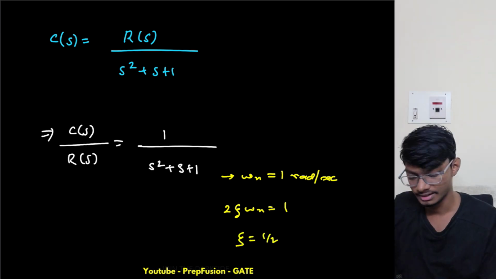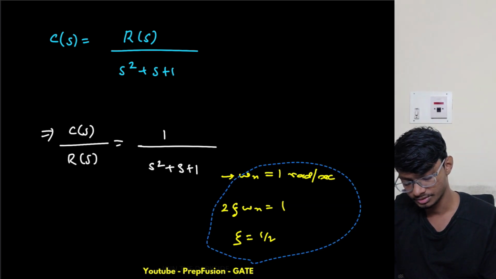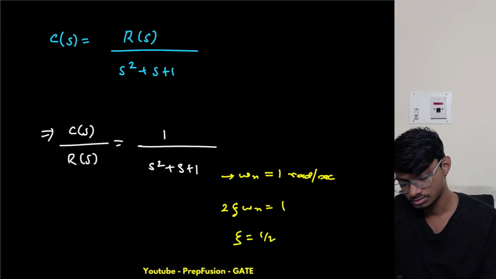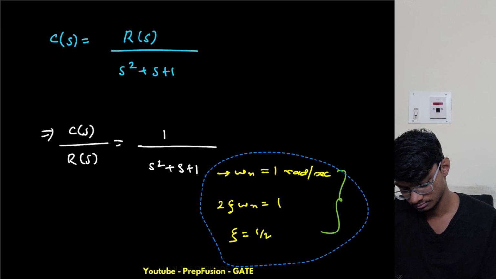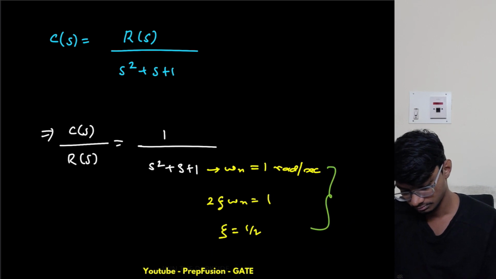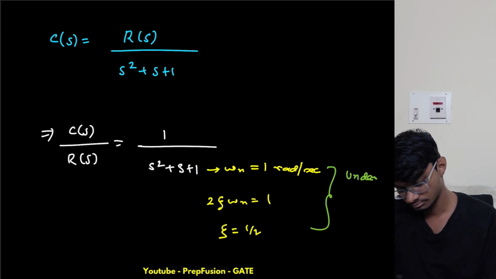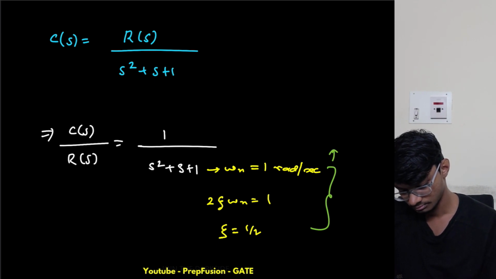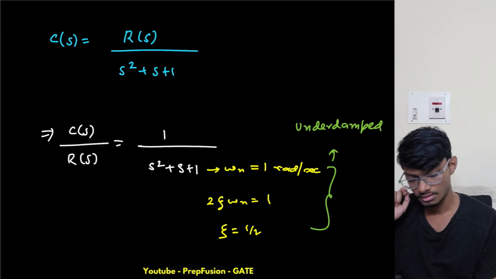So this is underdamped, because zeta is between 0 and 1.